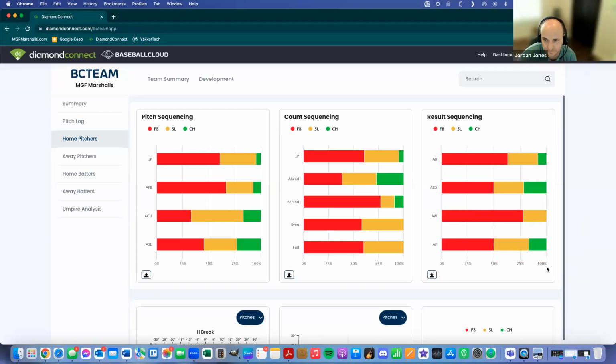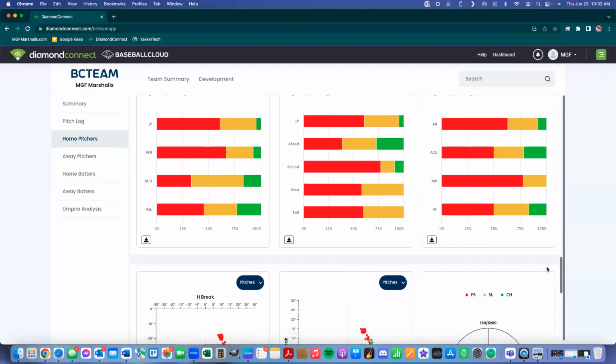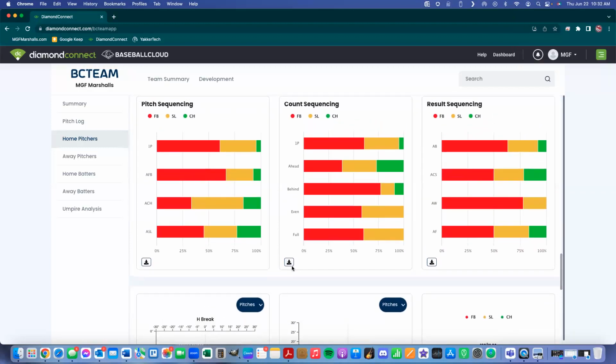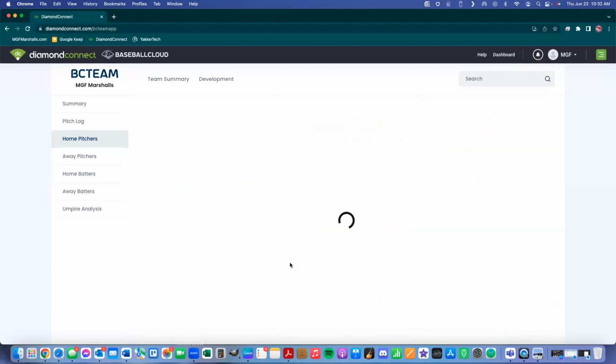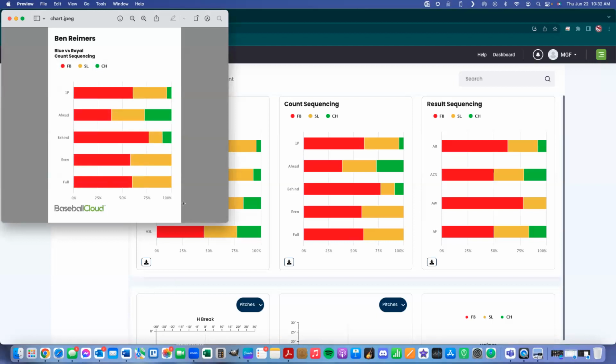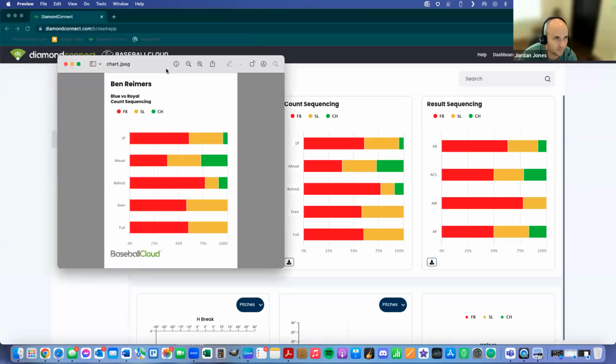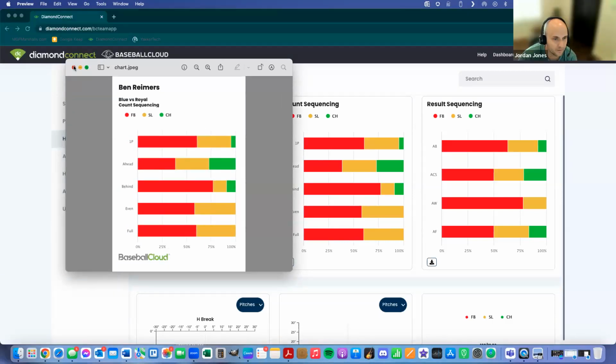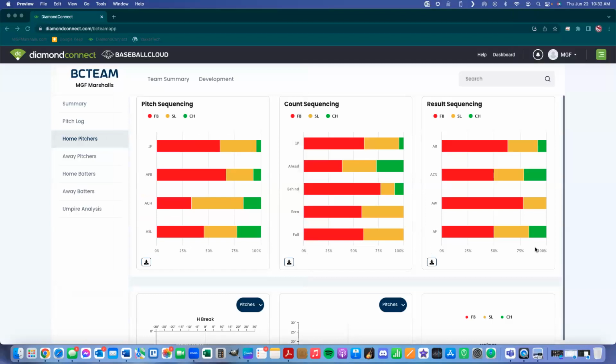Cool, that's really cool. And in the bottom left there, is that to download those charts? So say we wanted to print those out, we could print that out right there. That's the button we click? Yeah. So you can print those out and sit down with Dusty.